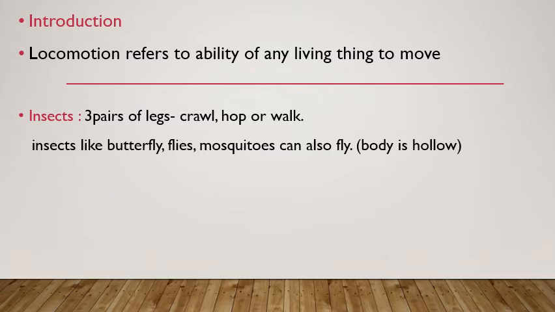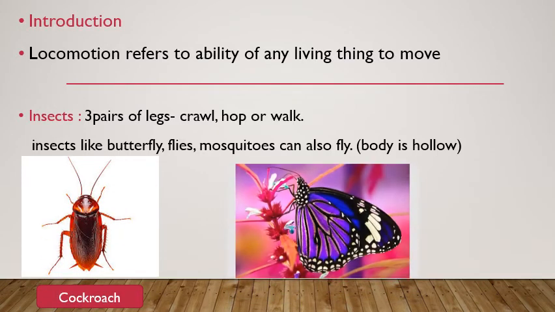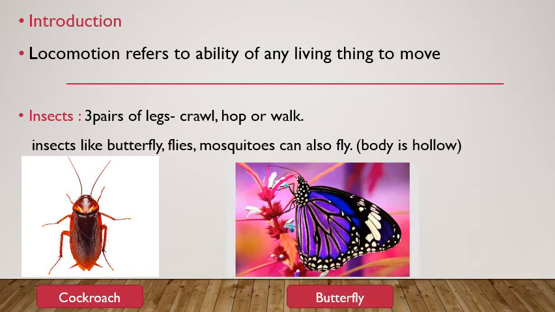Now, first, insects have three pairs of legs. They can crawl, hop, or walk. I've shown you two examples of insects, a cockroach and a butterfly. In the cockroach, you can see the three pairs of legs clearly shown in the picture. Sometimes you can even see the cockroach fly.